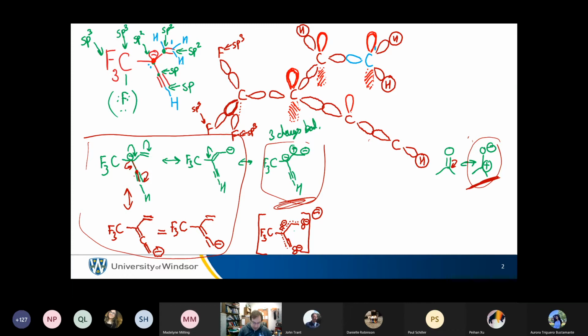This guy also has a p orbital that is perpendicular to the plane of the page. So does this guy, because they're making a bond. It's just these two guys down here also have another p orbital, which is in the plane of the page.